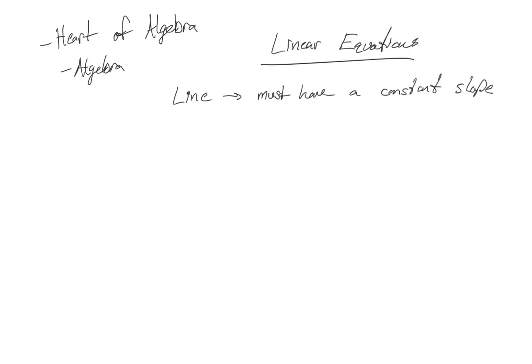It can't look like this, it can't look like this, it can't look like that. Nope, it's got to move exactly the same. So all those are not going to be lines. It's got to be a straight line like that. That's what we're going for.